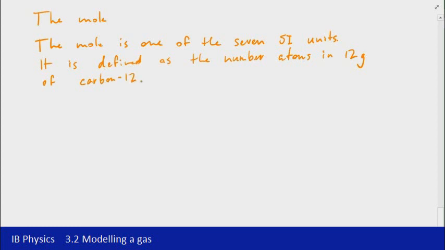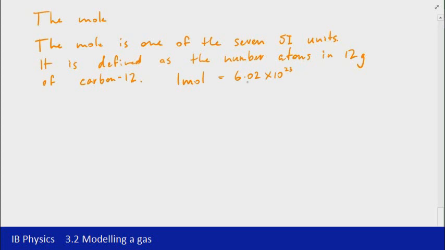So basically we're saying that if you have a sample of carbon 12 that has a mass of 12 grams, you will have 1 mole of particles. So that means that 1 mole is equal to 6.02 by 10 to the 23 particles.